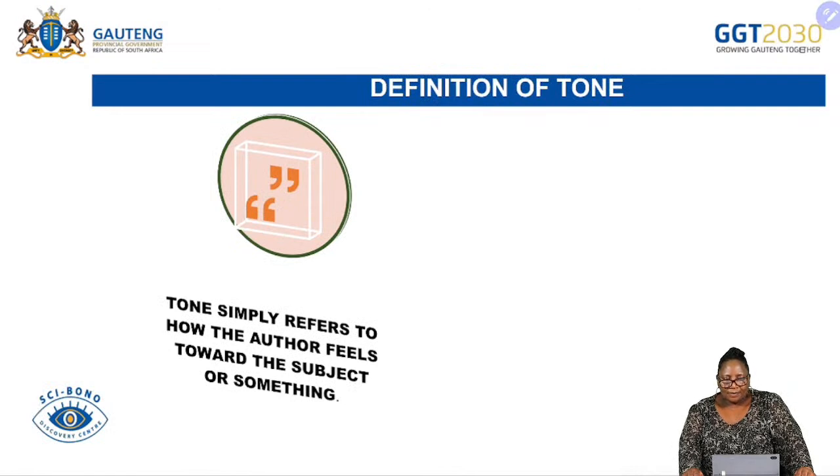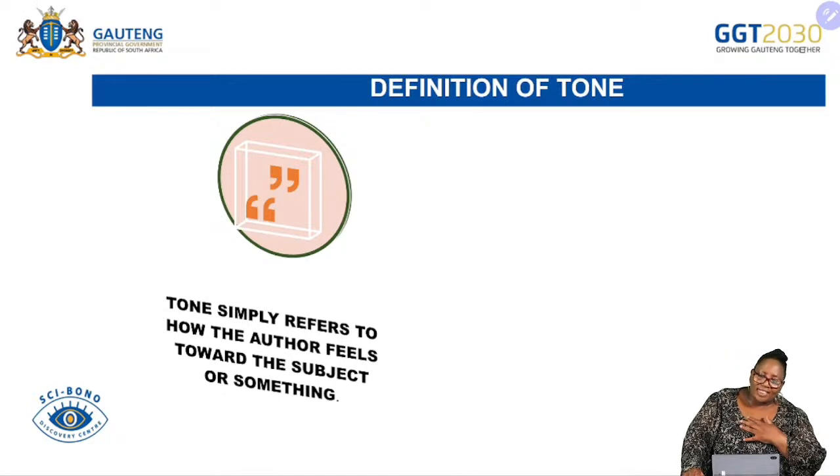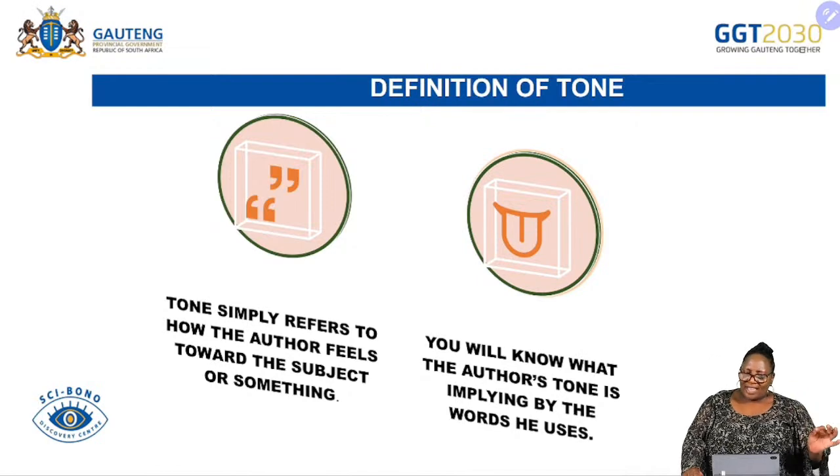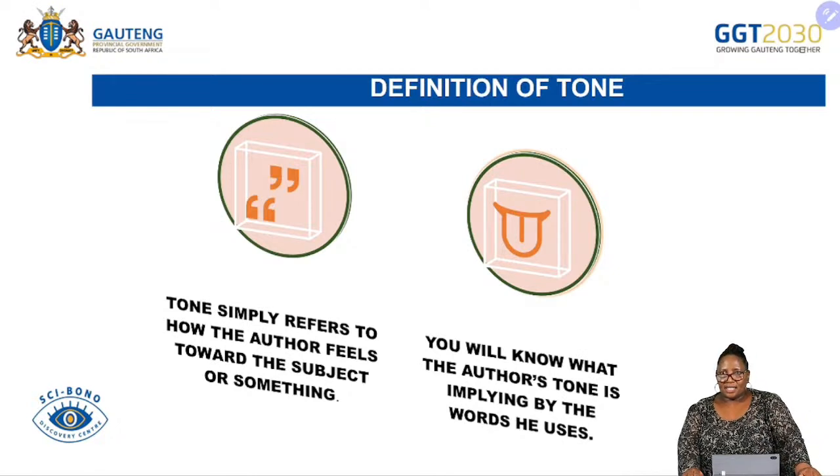Let's see. Definition of tone. Tone simply refers to how the author feels towards the subject or something. How will you know that? You will know what the author's tone is implying by the words he uses.